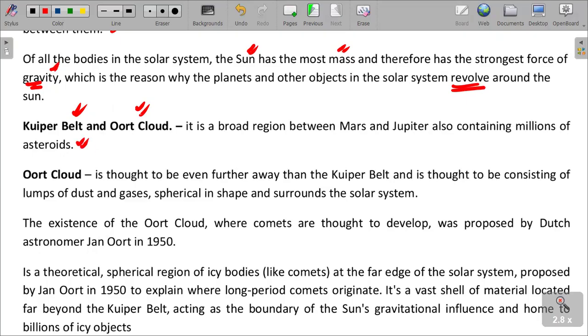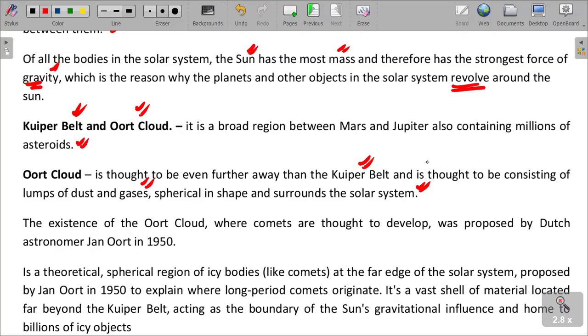We have seen it in the previous presentation, where I indicated the Kuiper belt, which also contains millions of asteroids. The Oort cloud is thought to be further away from the Kuiper belt and to consist of lumps of dust and gases, spherical in shape, surrounding the solar system.